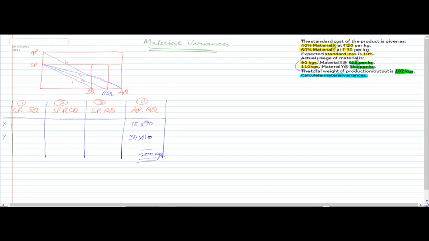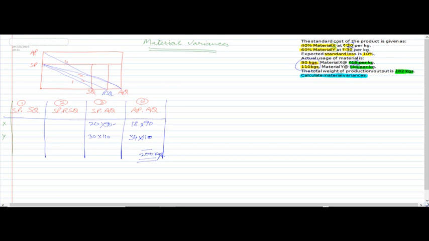Standard price is given in the problem. It is 20 and 30 respectively. So standard price into actual quantity can be calculated. Standard price of material X is 20 and actual quantity is 90. Standard price of material Y is 30 and quantity is 110 kgs.